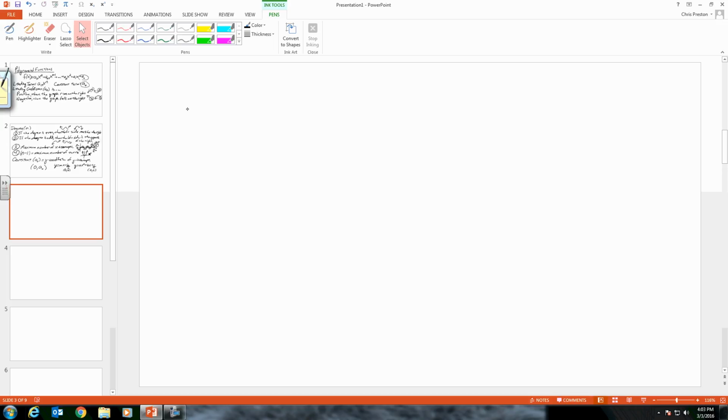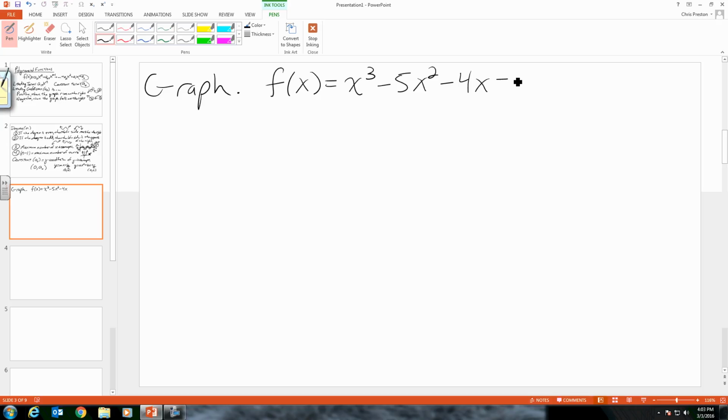So I need to talk about x-intercepts, or zeros, and I'm going to do that while I'm drawing some pictures of graphs. So let's say I want to graph the polynomial function f of x equals x cubed minus 5x squared minus 4x plus 20.